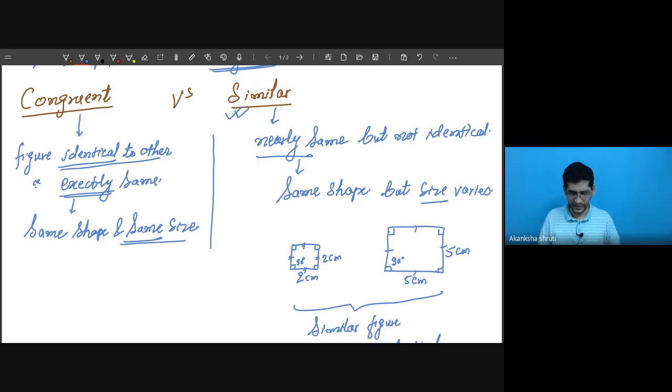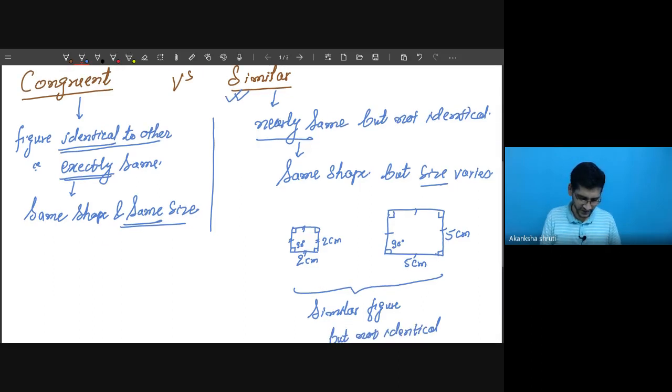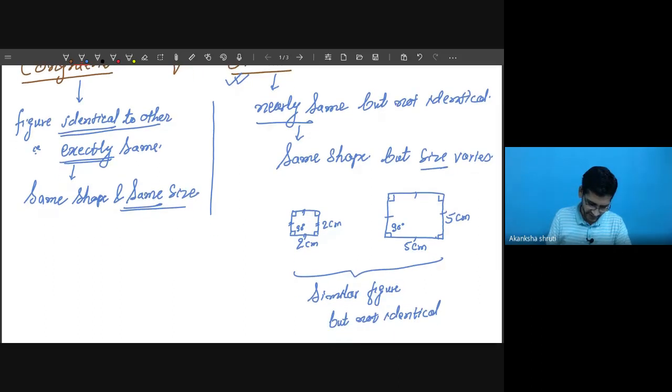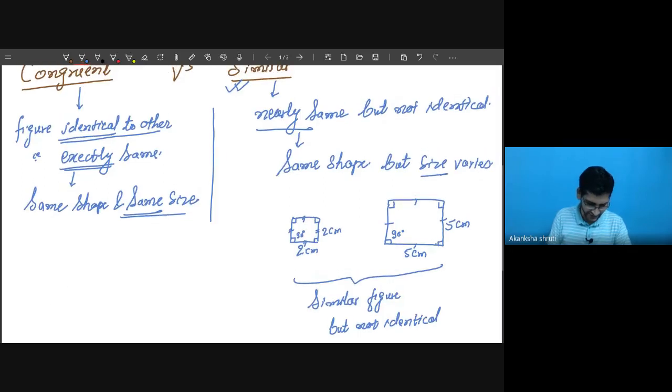We are not going to discuss it. Students, for congruency, this 2 centimeter square will be congruent to only a 2 centimeter side length square. It can never be congruent to any other square whose side length is not 2 centimeter.